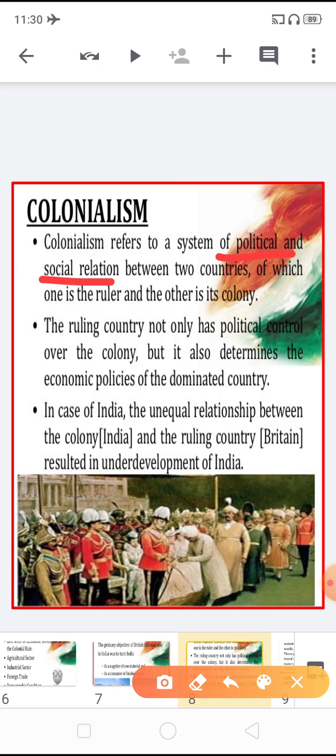So the Britishers not only have political control over a country, but the ruling country, that is Britain, also determines the economic policy of a dominated country like India. So in the case of India, the unequal relationship between the colony and the ruling country, Britain, results in underdevelopment in the country.